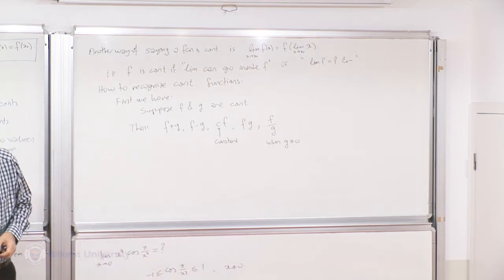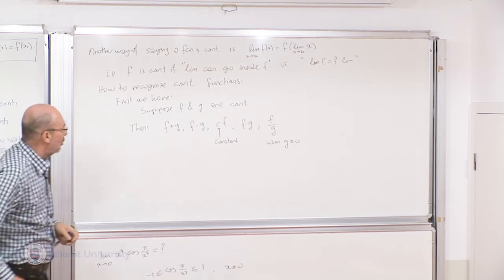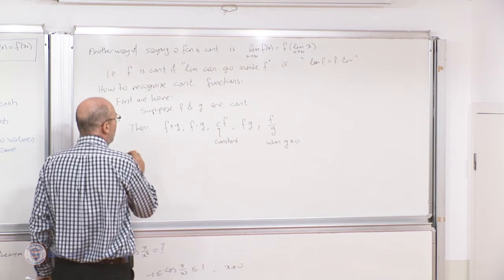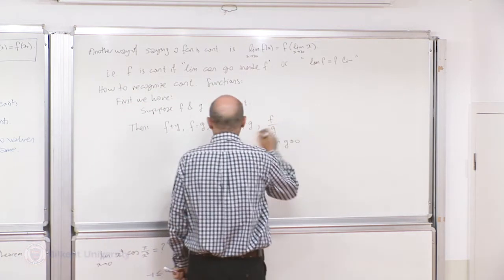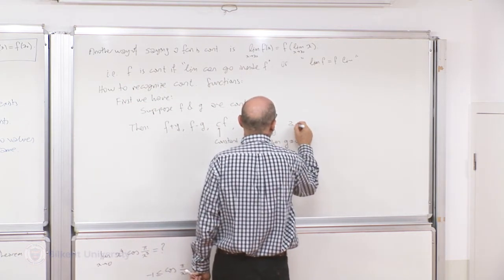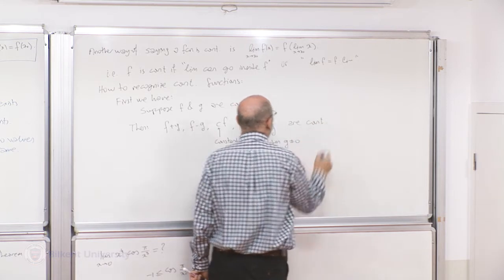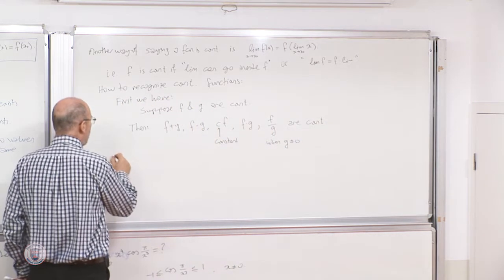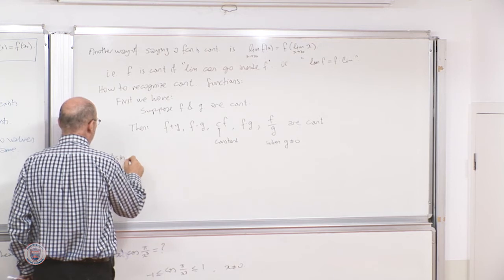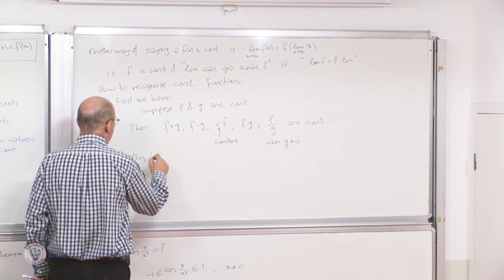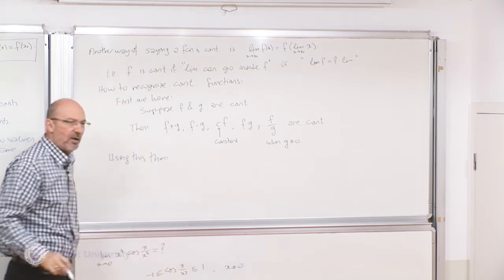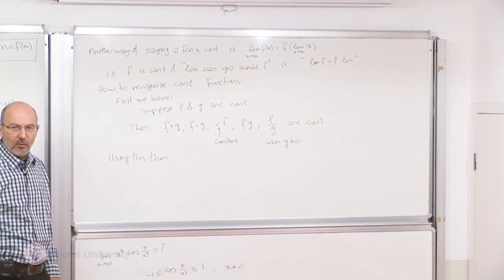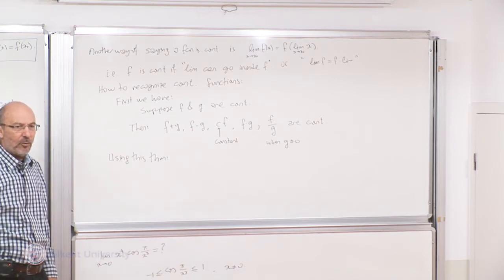Okay, so I think these are nice things. So finish this sentence, then these are continuous. Okay. Now using this theorem, just as we did with the limit theorem, we can immediately say that a polynomial is continuous.